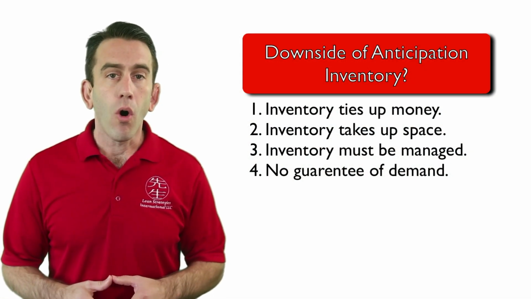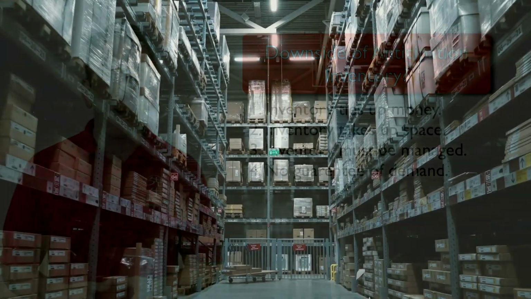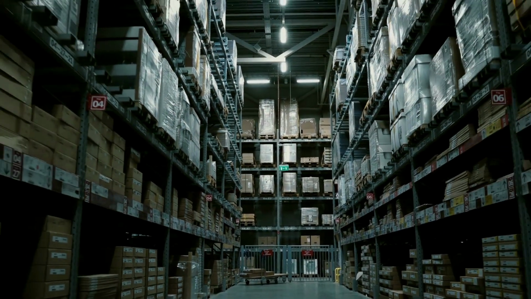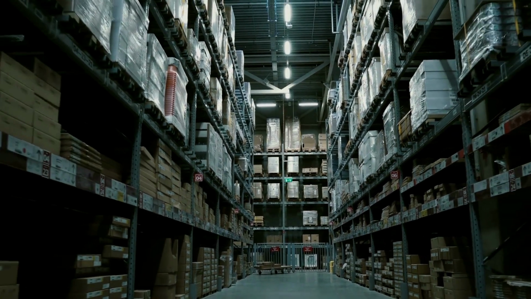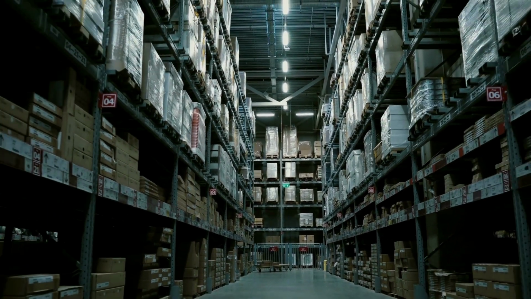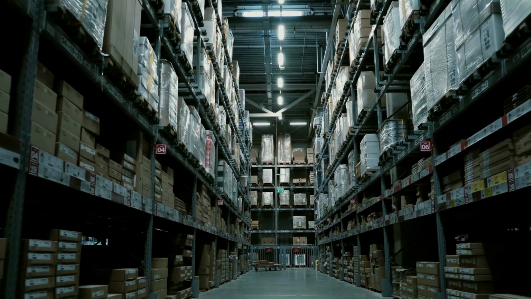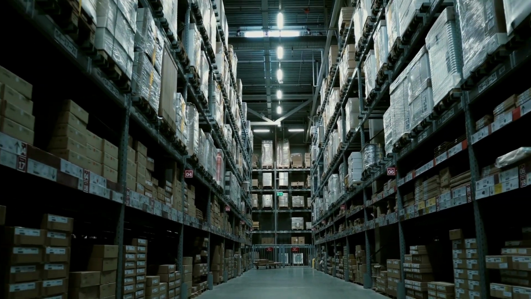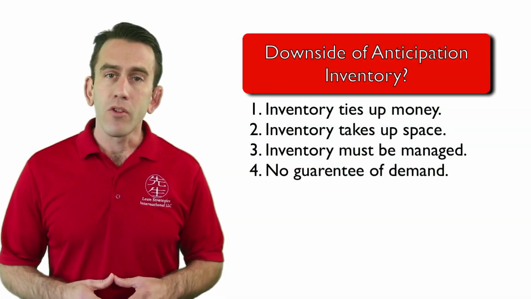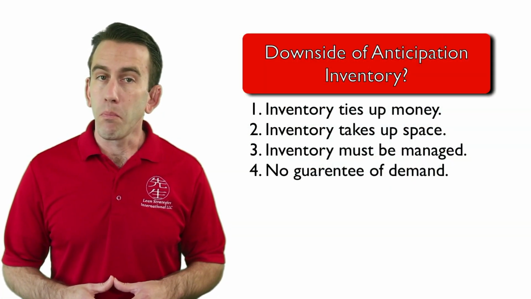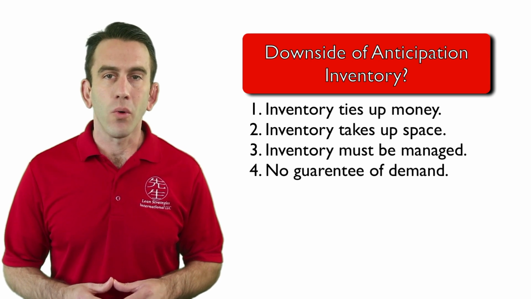Plus, we must always remember that any money invested in inventory will not produce any return until the inventory is sold. To put it simply, inventory ties up capital, and that means the money cannot be used for other things. So, don't let too much anticipation build when building anticipation inventory.